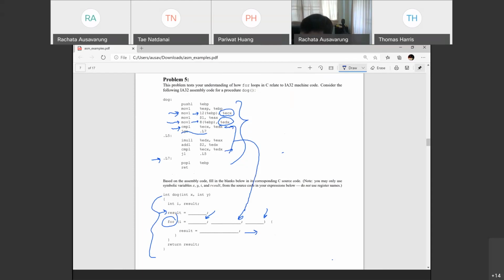Another thing you realize, let's get it out ahead of time, is you have this: move one into EAX. Which one is the CMPL? It's compare.